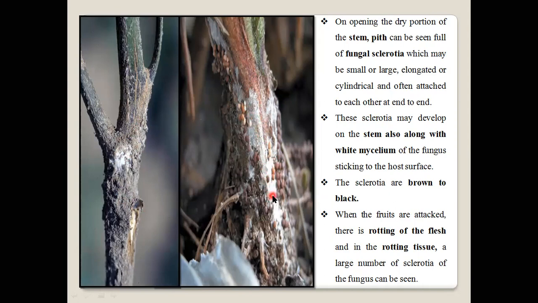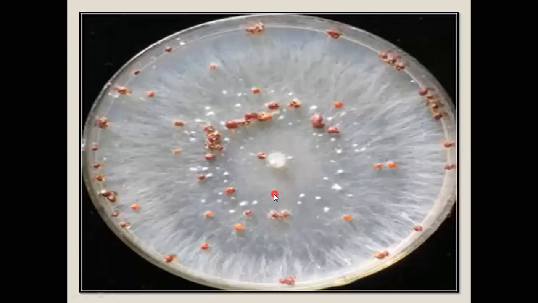That's why this disease is known as sclerotium rot. This infection is seen mainly on the stem portion rather than the fruit.